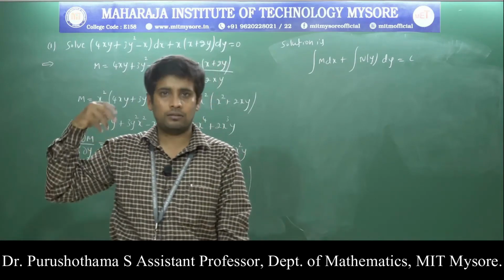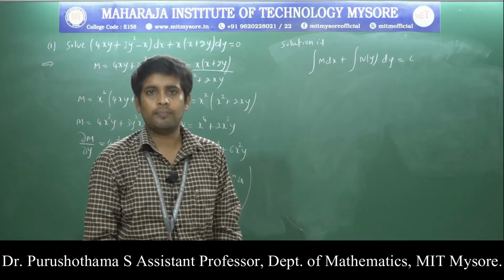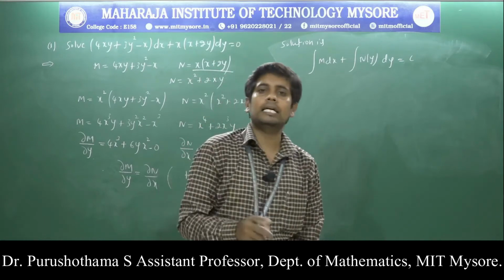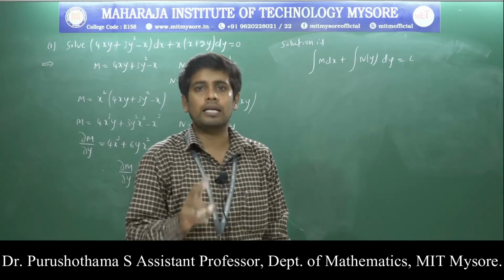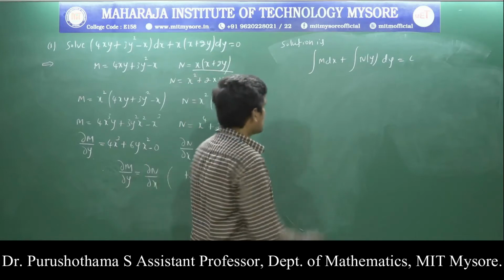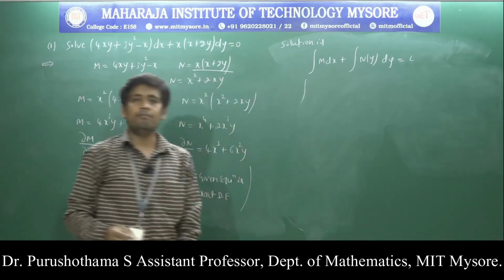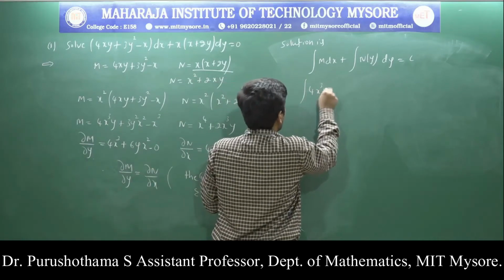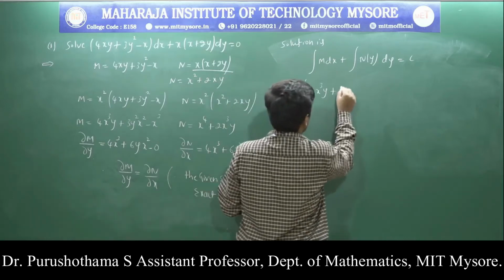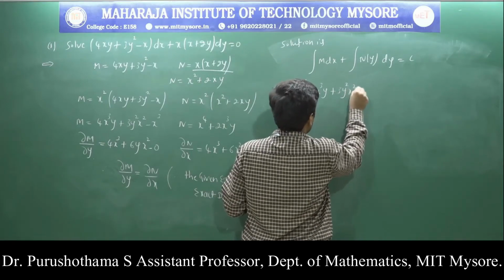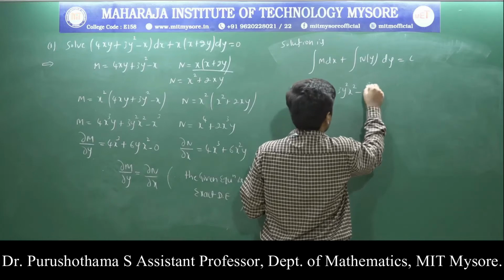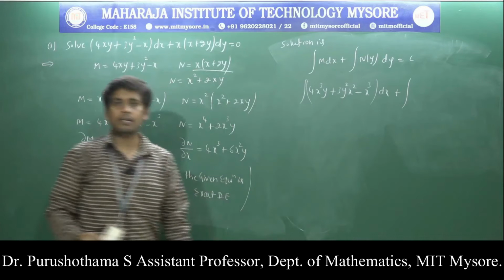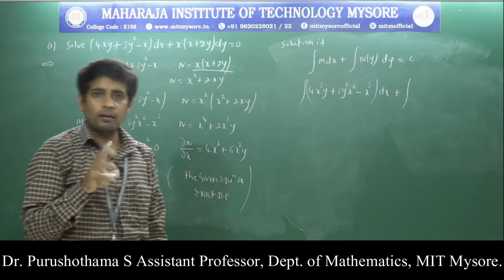We take the integral of M with respect to x keeping y fixed, and the second term N(y) indicates the term in N without x. Therefore M is equal to 4x cubed plus 3y squared x squared minus x cubed, integrated with respect to x, plus N(y). N(y) is nothing but the term in N without x.